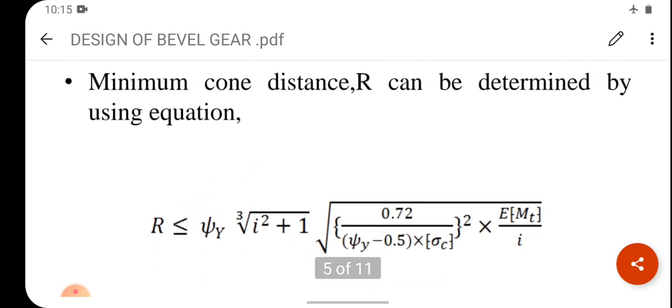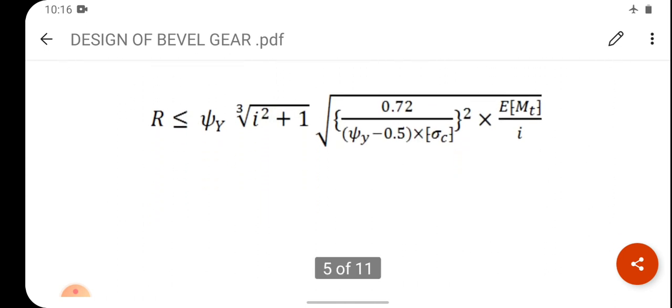Minimum cone distance R should be less than or equal to psi y cube root of i square plus 1 into square root of {0.72 upon (psi y minus 0.5) into sigma c} whole square into E modulus of elasticity, Mt moment upon i. Clear? So this is the formula for finding out cone distance R.